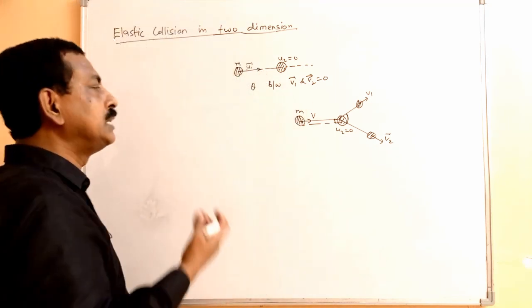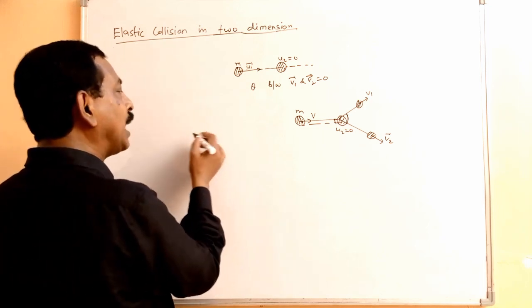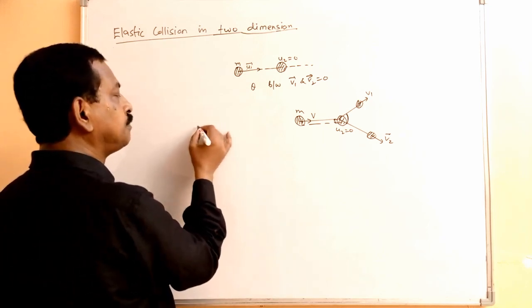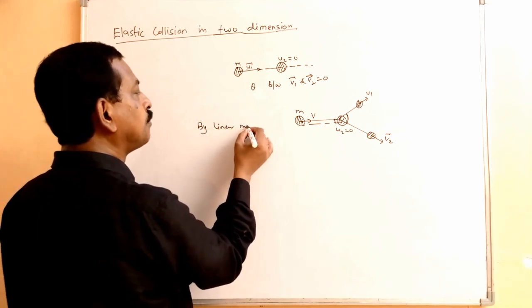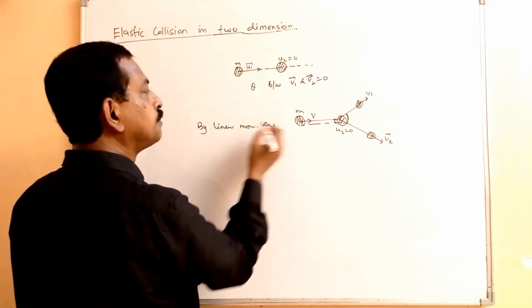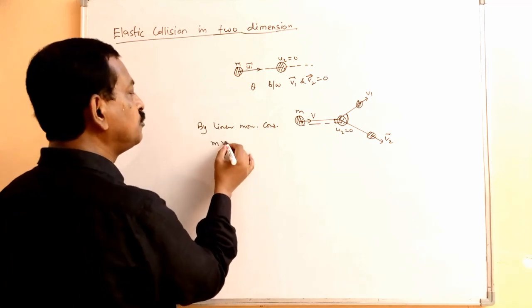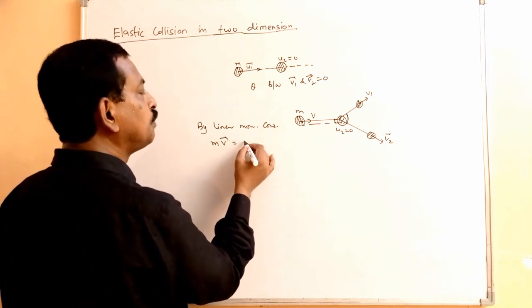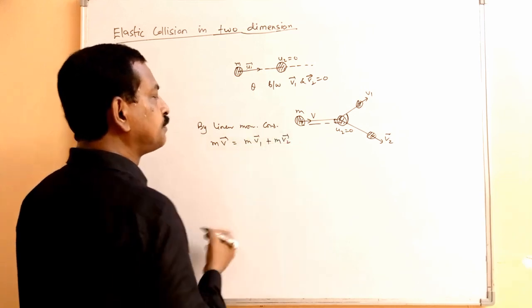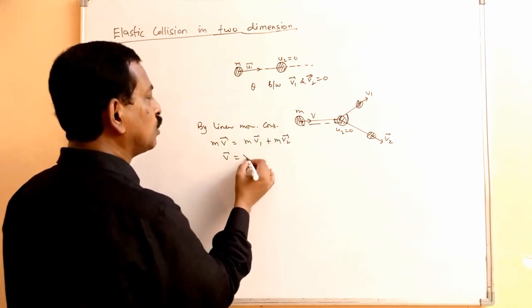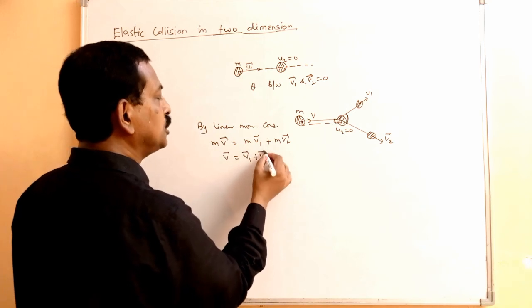So in this particular case, by conservation of linear momentum, we get m v vector equals m v1 vector plus m v2 vector, or v vector equals v1 plus v2.